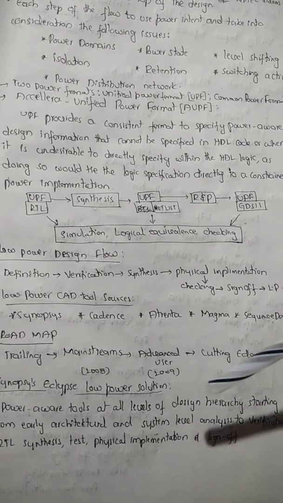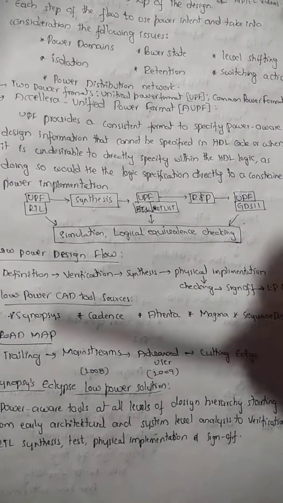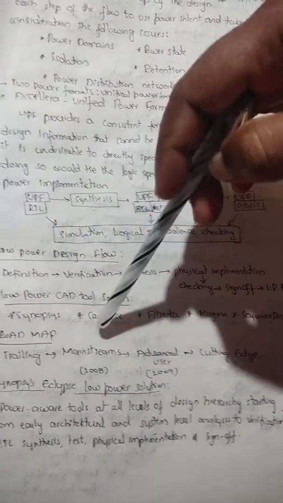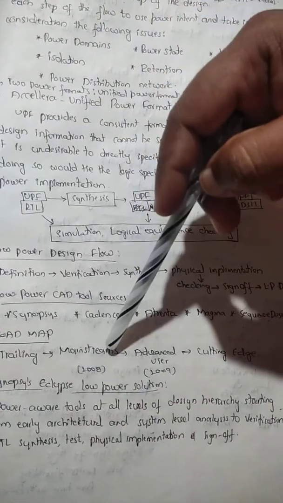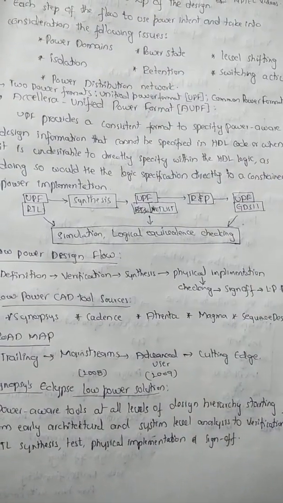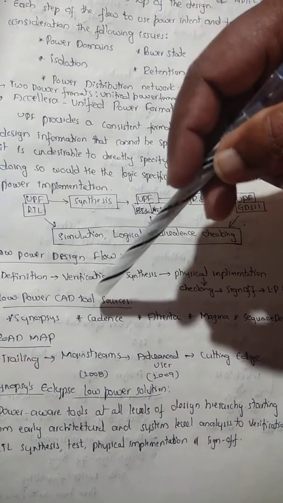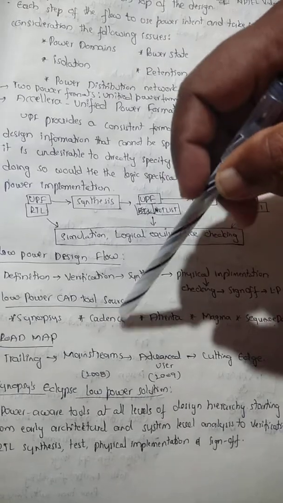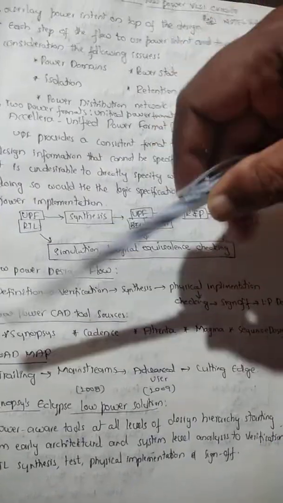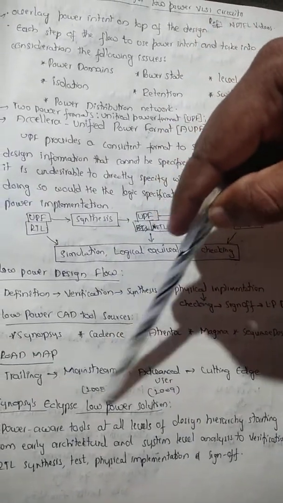Then we entered the mainstream, in the year 2008, with multi voltages, clock gating, MTCMOS, that is multi-threshold CMOS, and power gating.